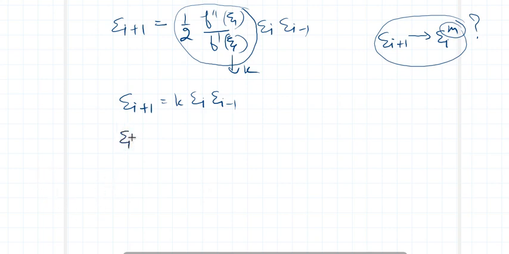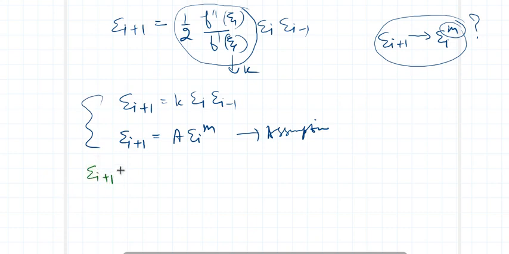Let me assume that epsilon i plus 1 is equal to a epsilon i raised to power m. That is my assumption. When I do this, looking at these two terms, we can conclude that epsilon i plus 1 can either be written as a epsilon i raised to power m, or it must be equal to k epsilon i epsilon i minus 1.